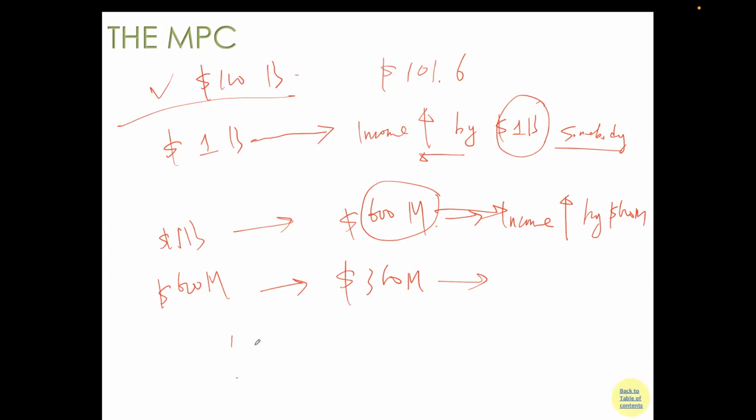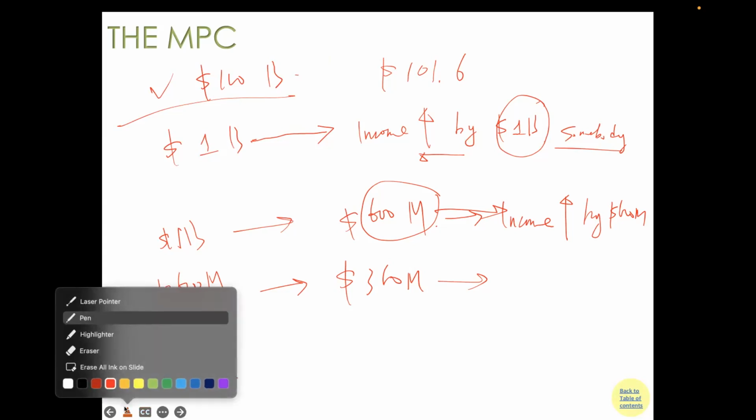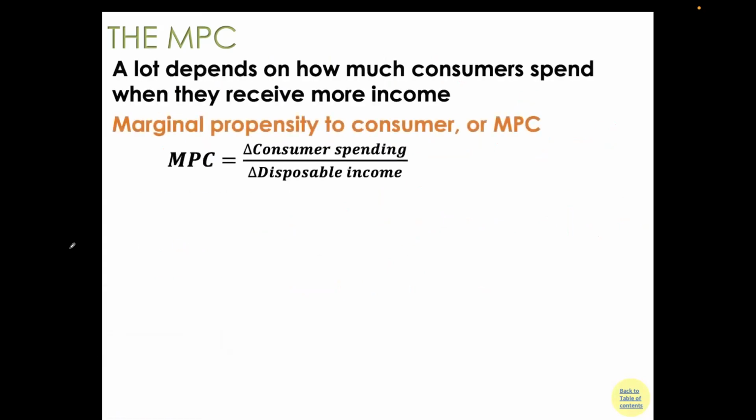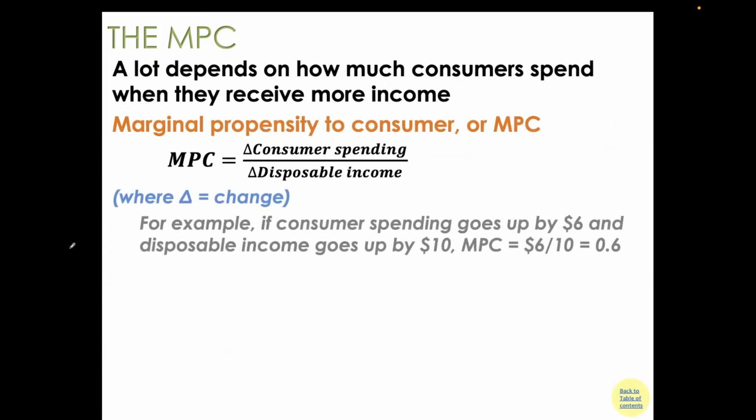Now that you understand this, we look at a few definitions. Marginal propensity to consume is defined as your propensity at the margin to spend the money you receive. Look at this example.